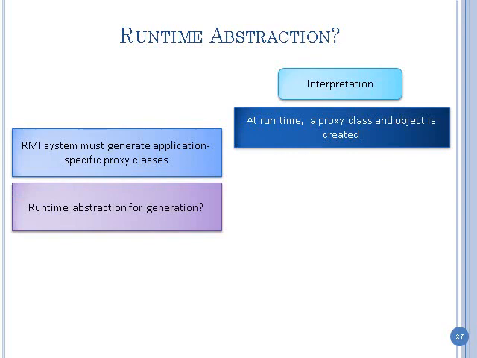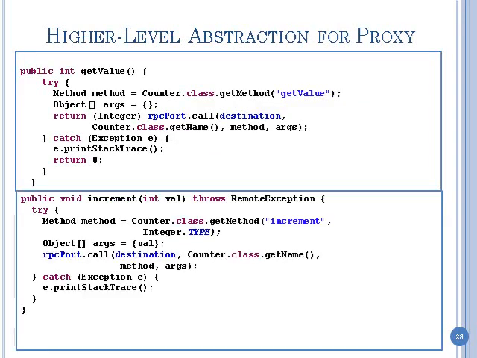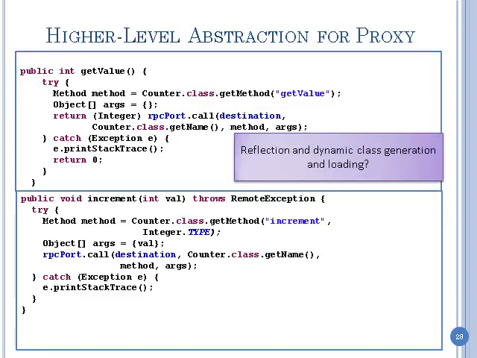And is it possible to do it? We can just use reflection and dynamic loading, right? I can look at a class, I can look at all its methods. From the method headers, I can go and generate this code. This is very mechanical code. Even though the class is application specific, the nature of the code is not application specific. Given an object, I can do this.